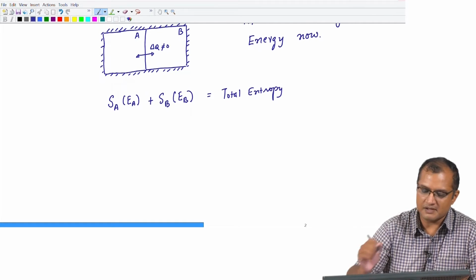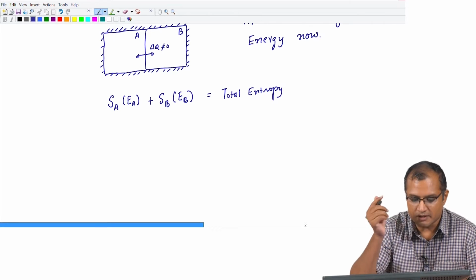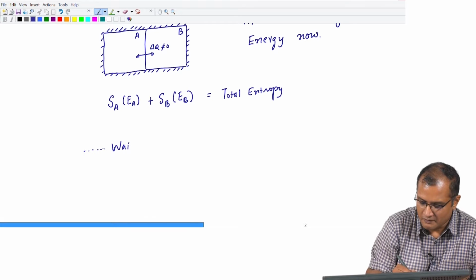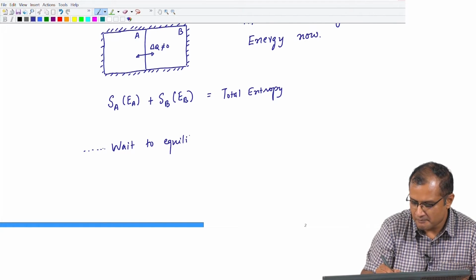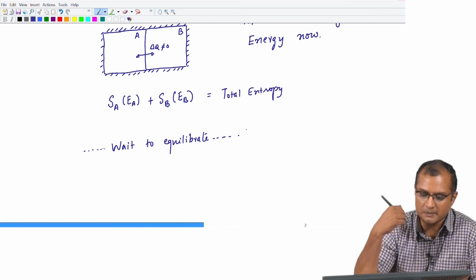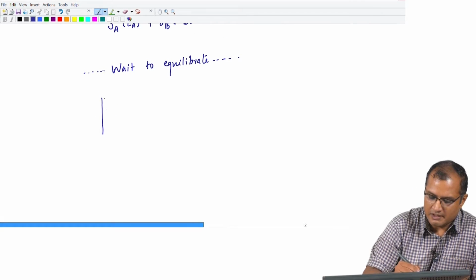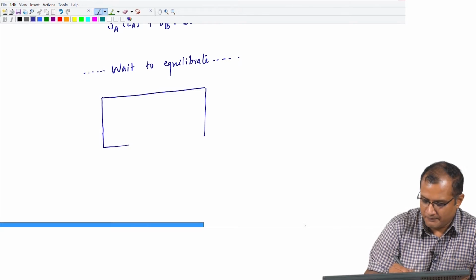But wait, the system is redistributing energy. So, you wait for some time to equilibrate. So, you come back after some time and now you see the total entropy.